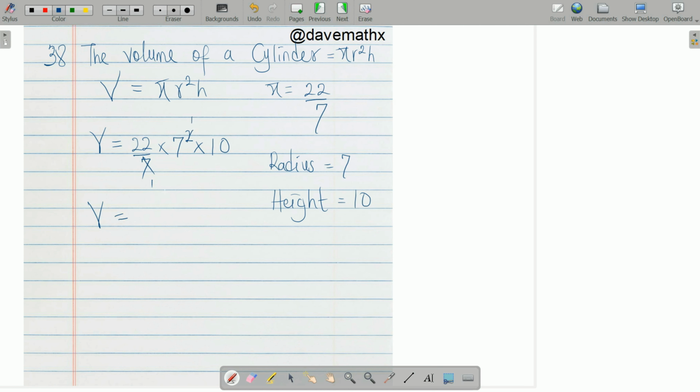The 7 cancels one of the 7s in the square on the numerator. We're left with 22 times 7 times 10. Seven times 10 is 70.